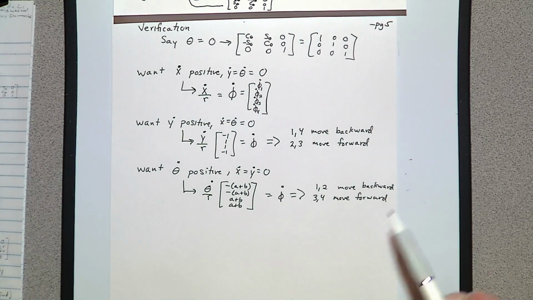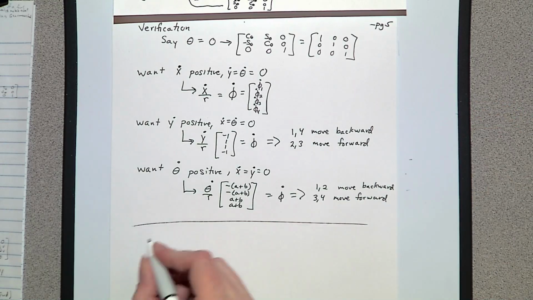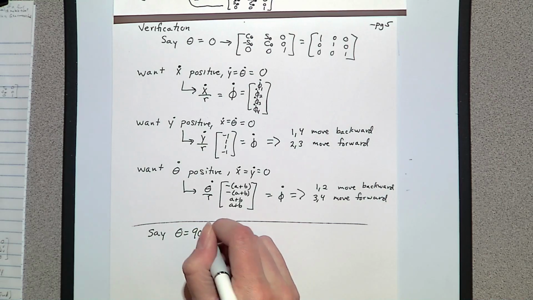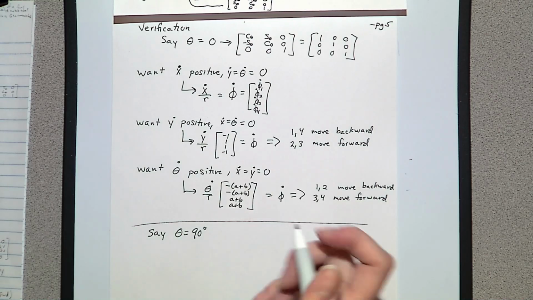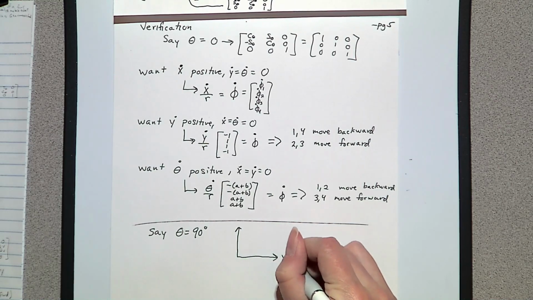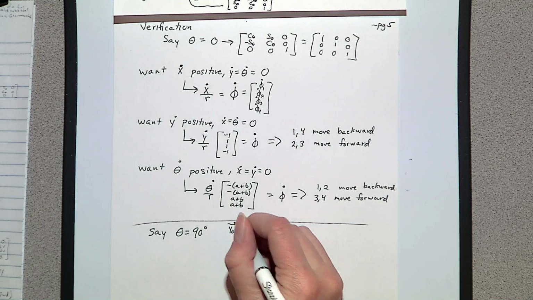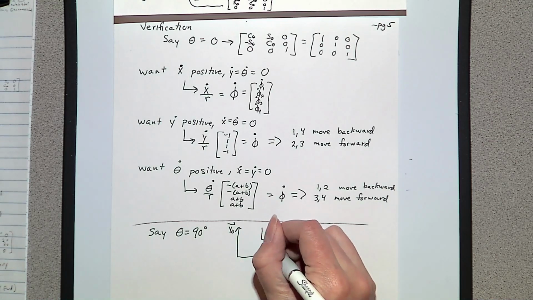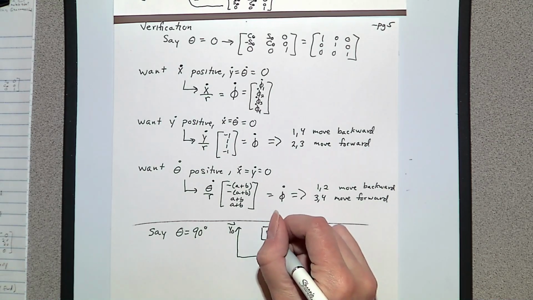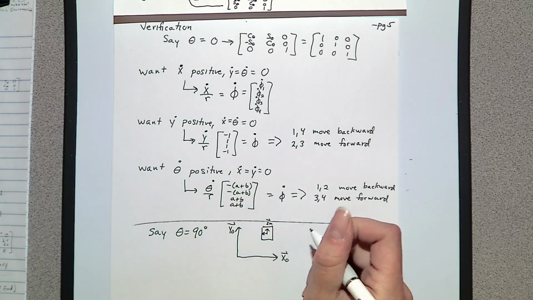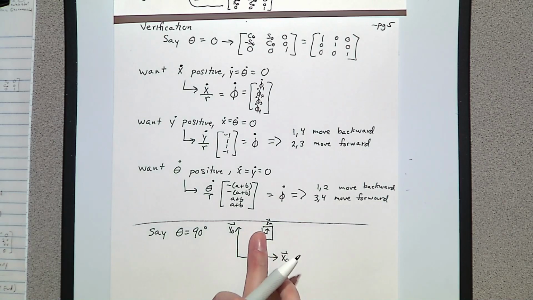And so definitely anytime you get a model, you want to test multiple cases. So let's say theta was 90 degrees. So in this case, what we would have is our inertial frame, be something like this. And then our robot, we'd have xm rotated by 90 degrees.